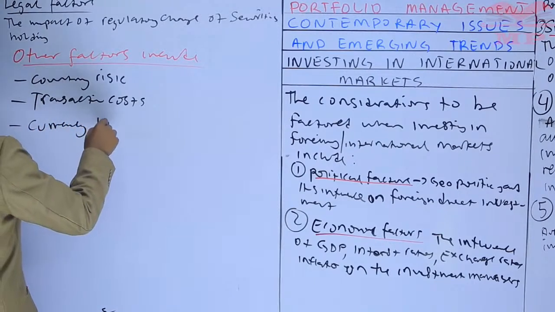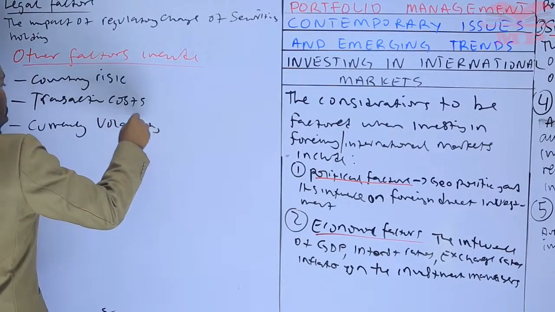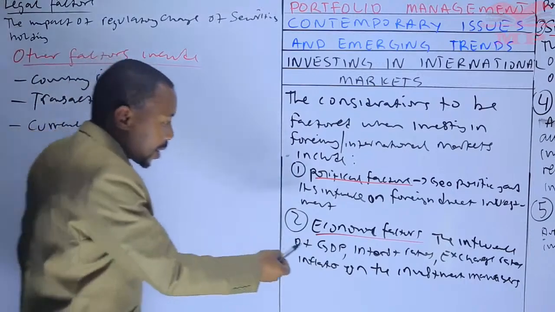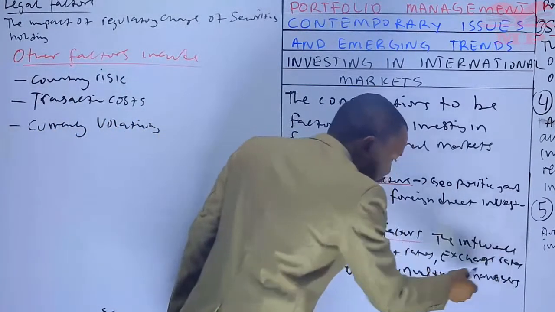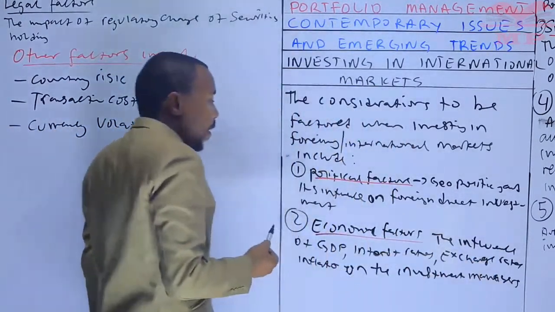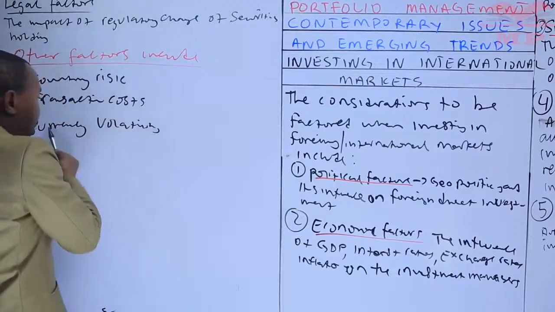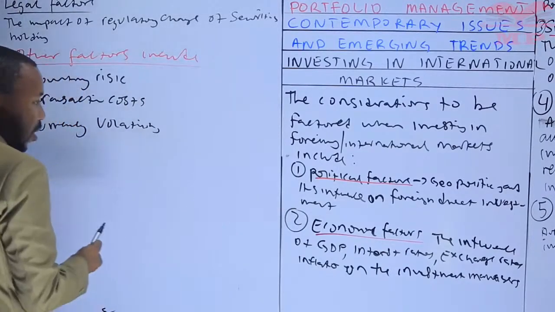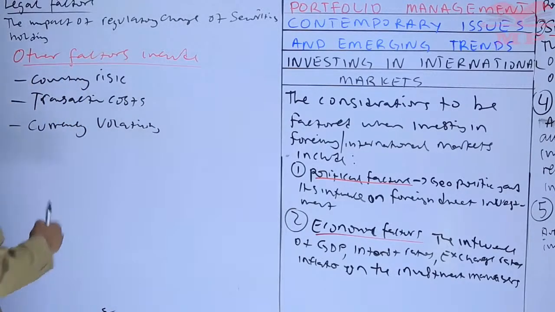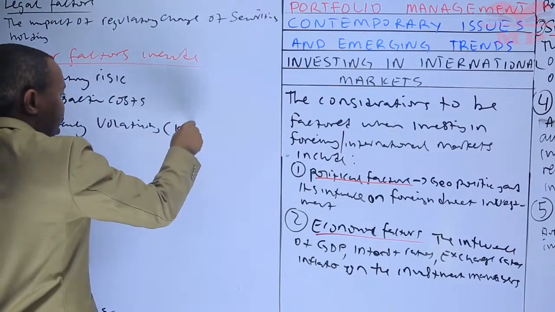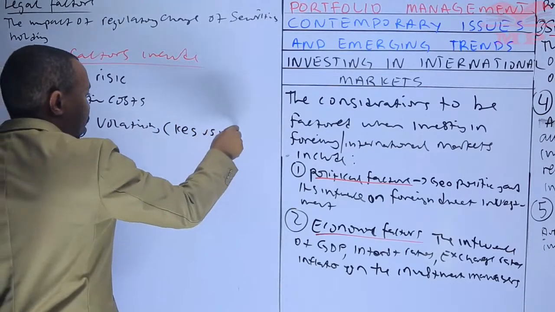Currency volatility. Of course, ladies and gentlemen, I had discussed right over here about the exchange rates, so it would not be necessary for me to explain this point again, because I already talked about it in the currency exchange rate. I said, how erratic is the currency exchange rate? Maybe say, for example, the KES versus the Uganda shilling.